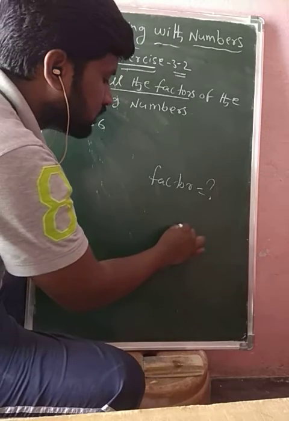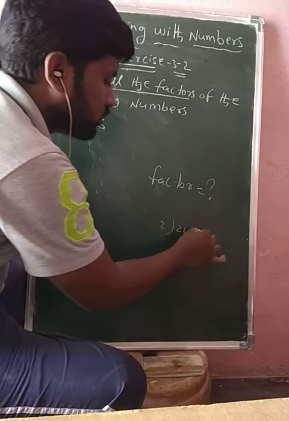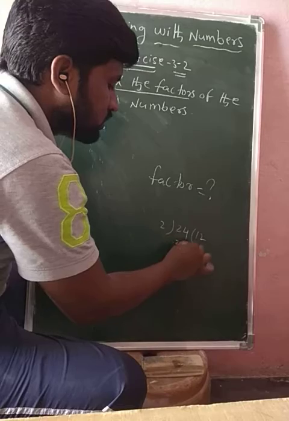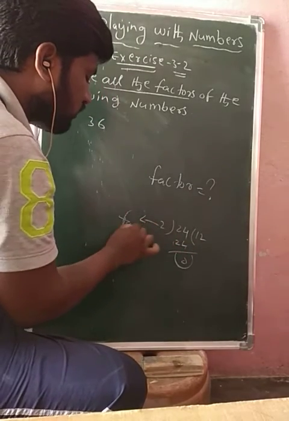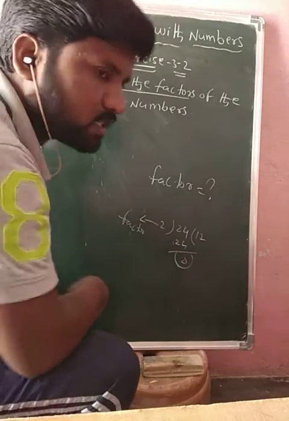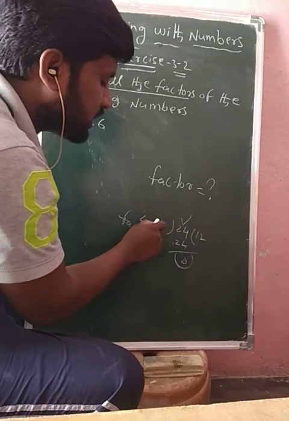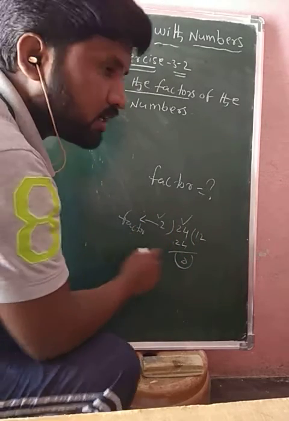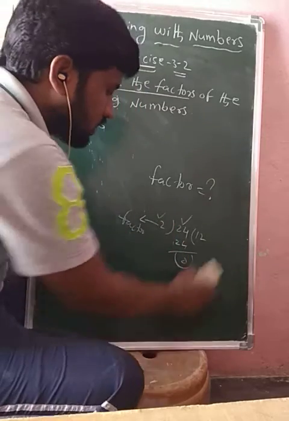For example, 24 is exactly divisible by 2. 2 12s are 24, so we can call 2 a factor. Yes or no? The number 24 is divisible by another number, 2. This number is called a factor of the number.